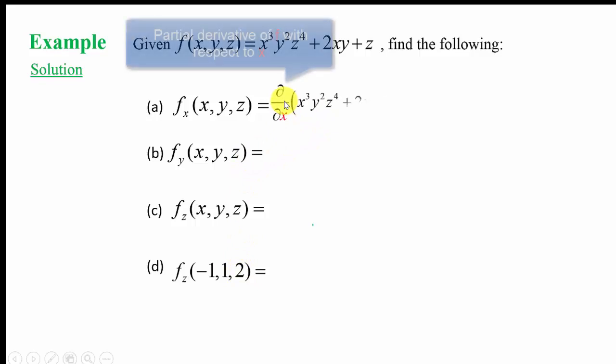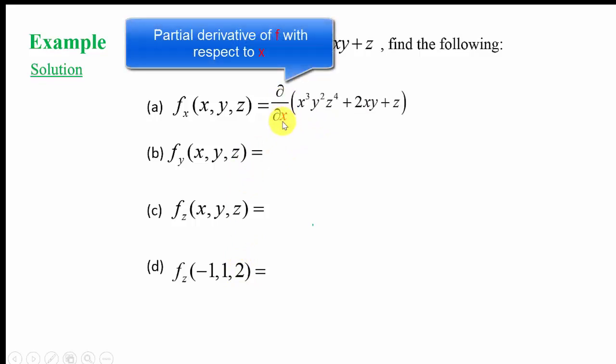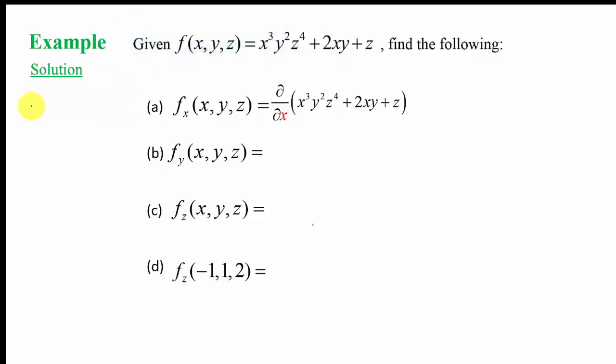Partial f with respect to x. To differentiate f with respect to x, we have to treat y, z as constant. So we identify all the x terms first, and notice that this function contains three terms.